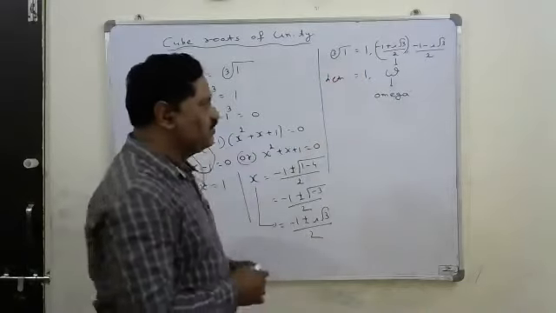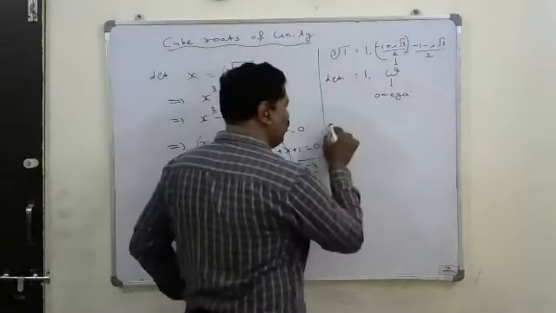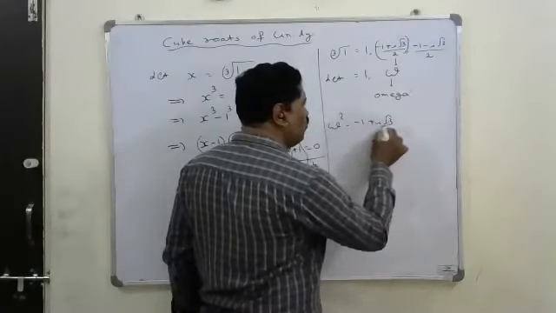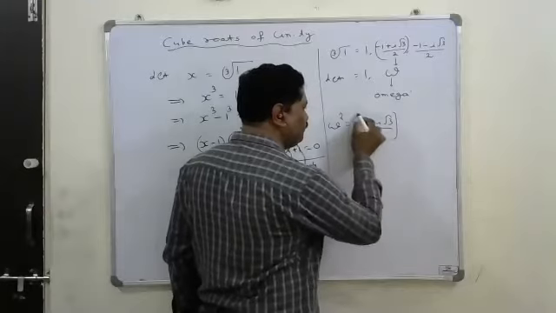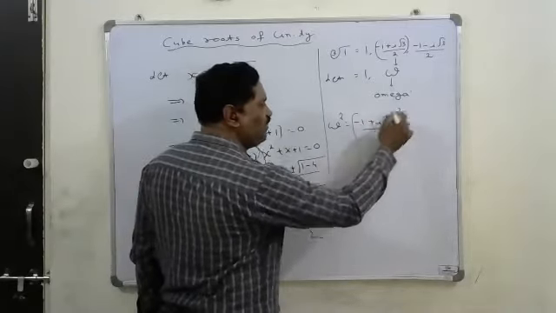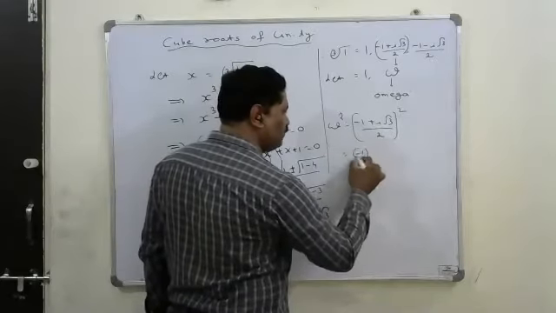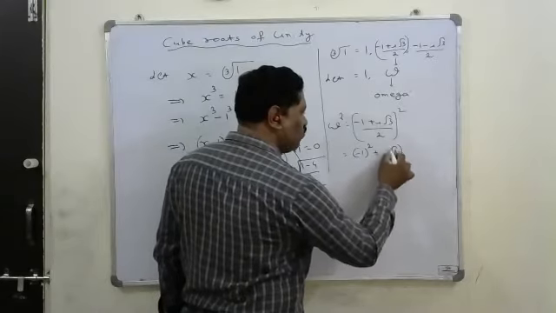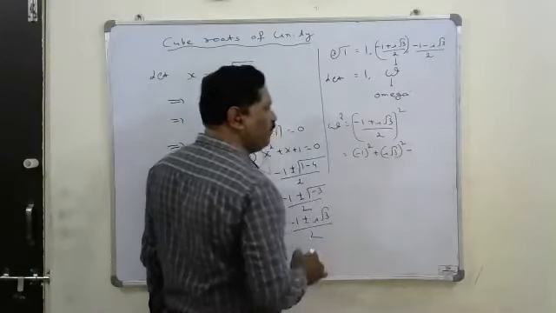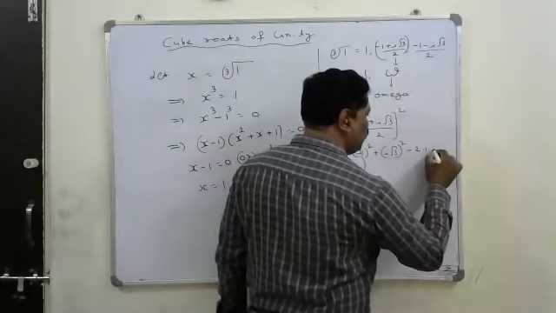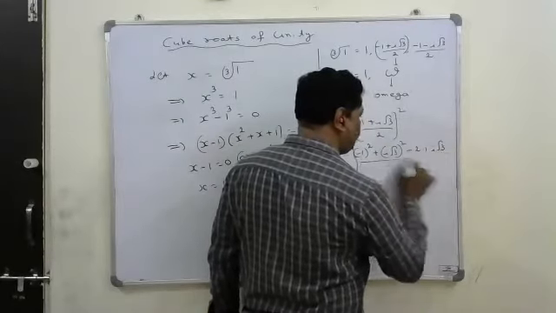Suppose I square this, suppose I consider omega square, that is minus 1 plus i root 3 by 2 whole square. Suppose I expand the numerator, it is (a plus b) whole square, which is a square plus b square, that is i root 3 whole square, plus 2ab, that is minus 2ab, 2 into 1 into i root 3 by 2.